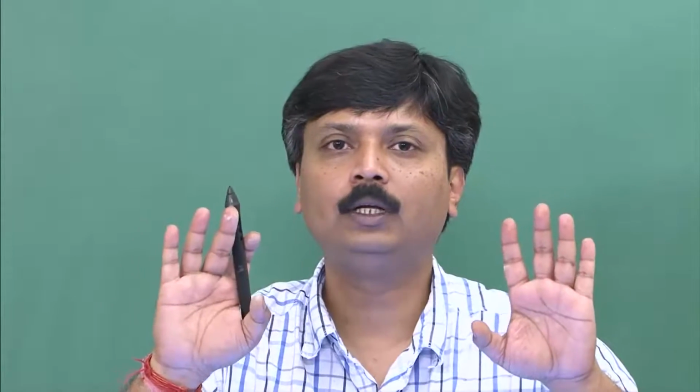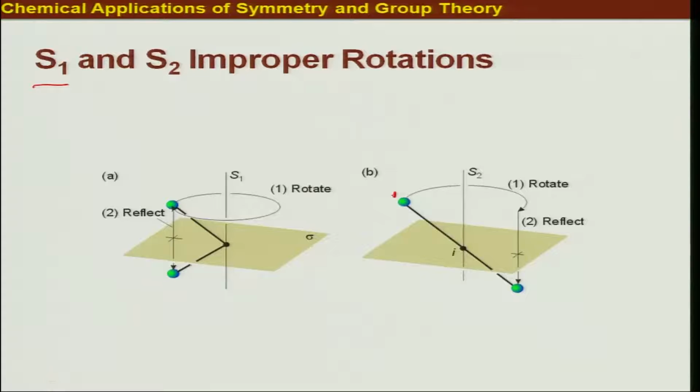So essentially these two operations invert the position of the object which we started with. That means it will have a center of inversion. So S2 is necessarily inversion, which is exactly what is shown here. We start from this particular point, give a 180-degree rotation, and then reflect it here. Now I could easily get it through an inversion symmetry. So S2 is nothing but the center of inversion.